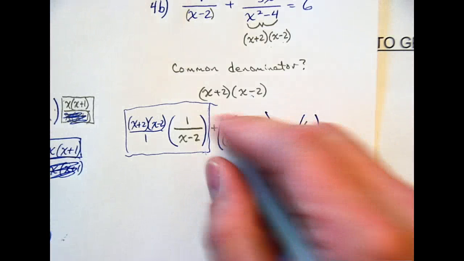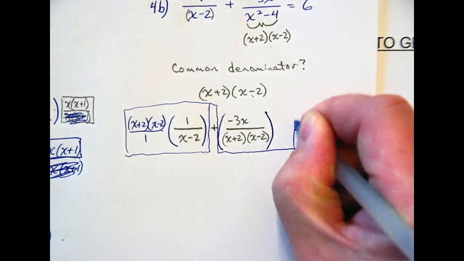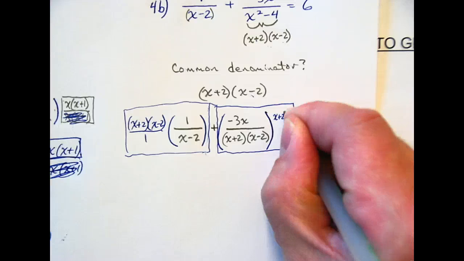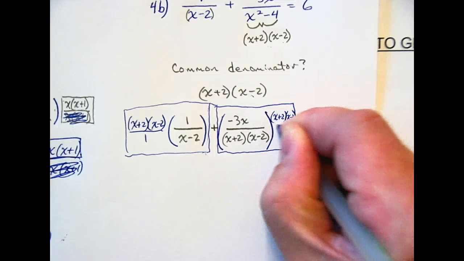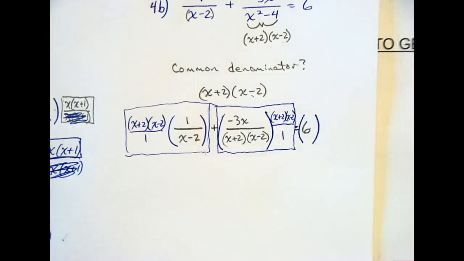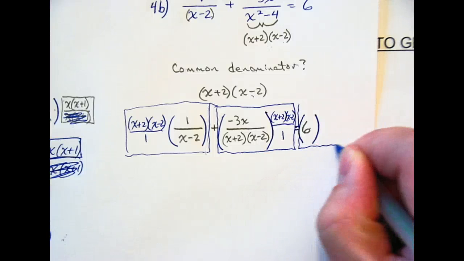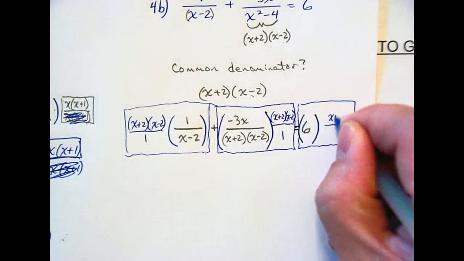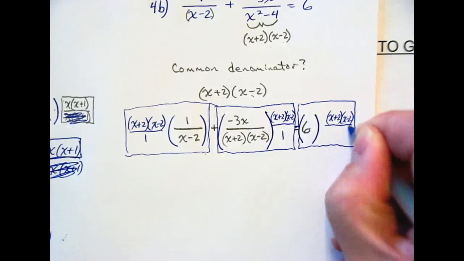But I'm going to multiply this piece also by the common denominator of x plus 2, x minus 2 over 1. And then I have to multiply this piece also by the common denominator of x plus 2, x minus 2 over 1.